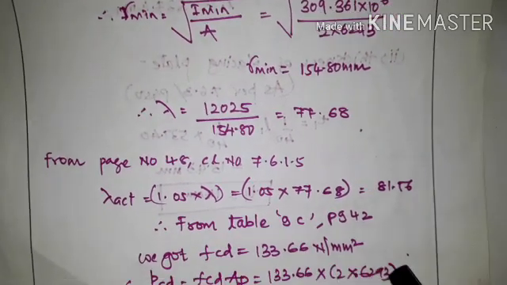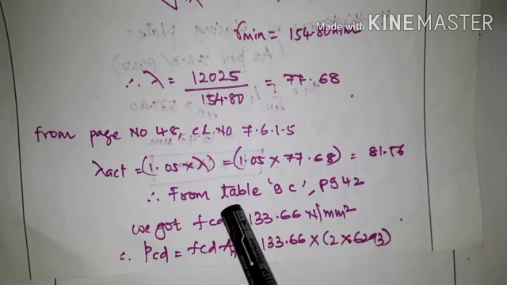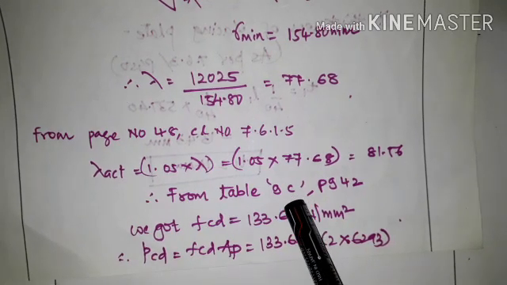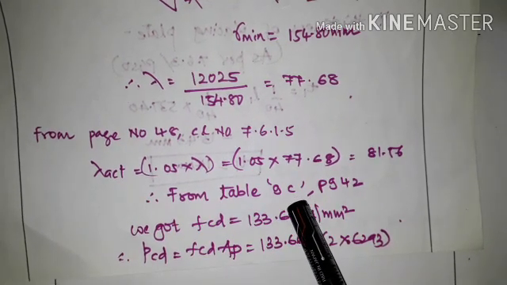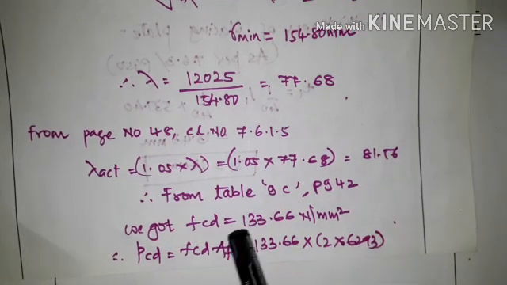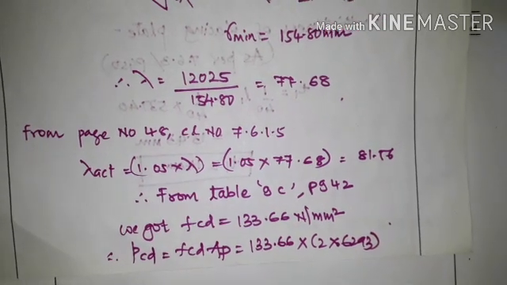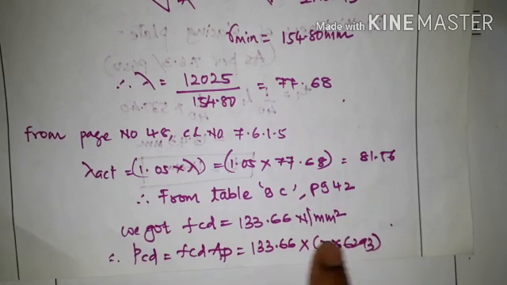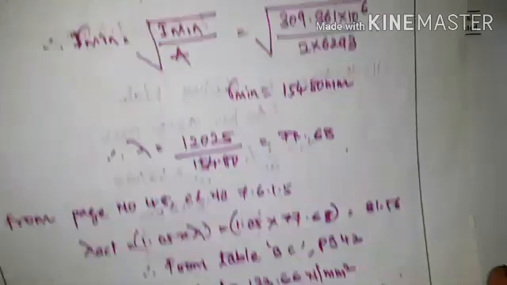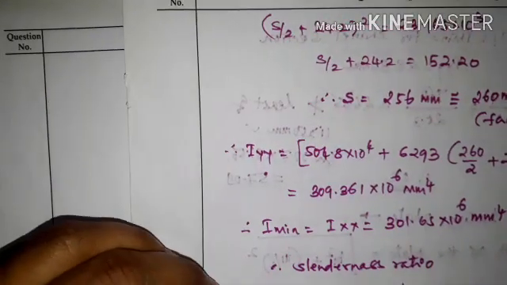Based on that, for a built up section the buckling class is C, so you refer to Table 9C, page number 42. We get fcd from that as 133.66, and ultimately our section is safe to carry the design compressive load.